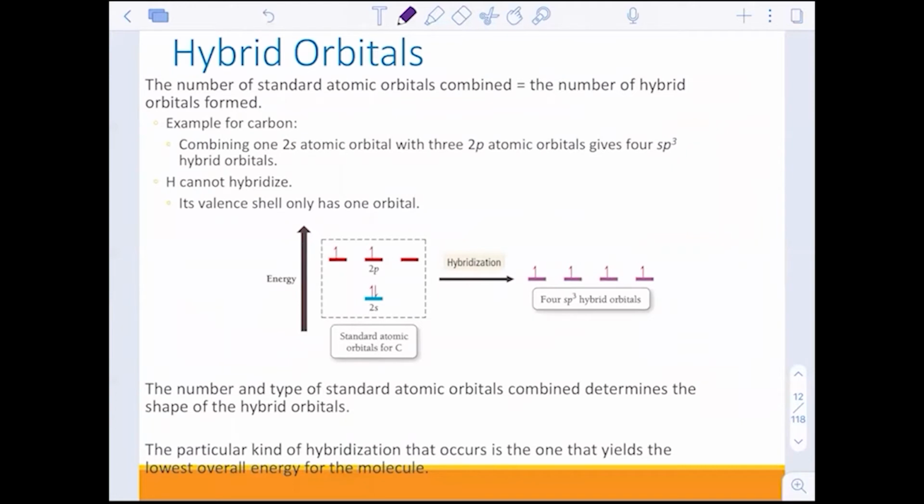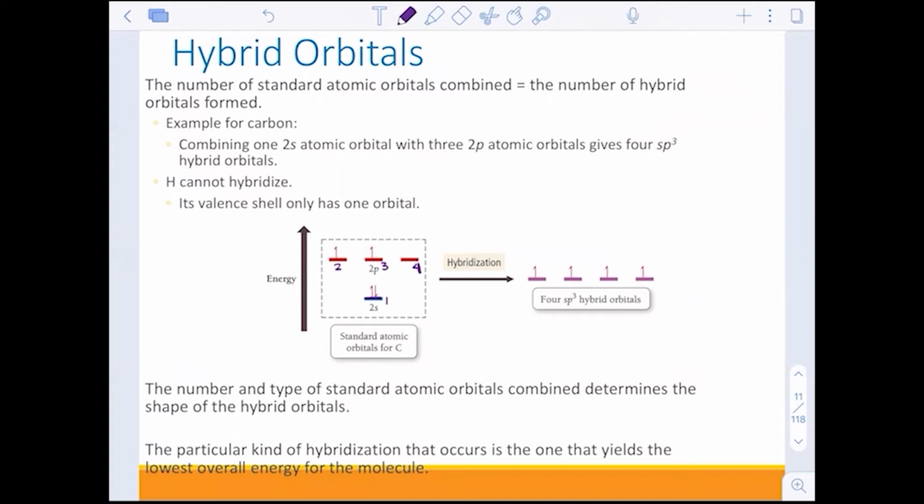How does it work? Well, the number of standard atomic orbitals is going to be equal to the number of hybrid orbitals. So if I need to make 4 bonds for carbon, I need to take 4 atomic orbitals, an s and 3 of those p's. Notice I counted all of the lines.